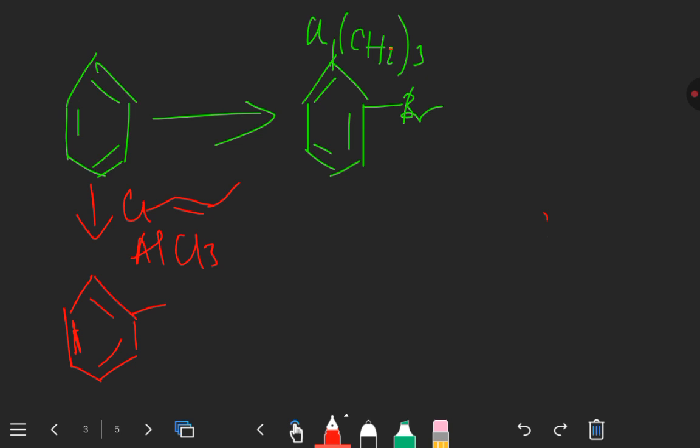So you can even put it on top. So this is the group which is attached, like that. So we have attached this group. Then the next step will be to remove this double bond here. So to remove the double bond, you can just protonate it. So you can do protonation.